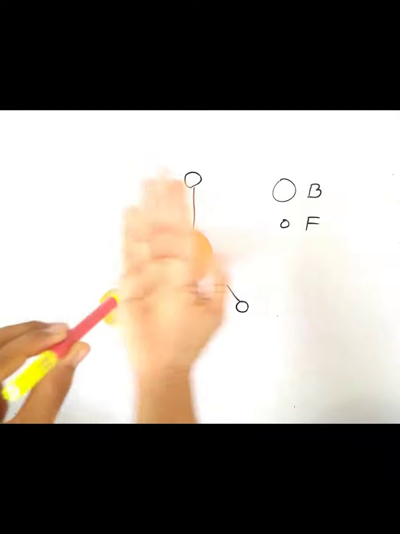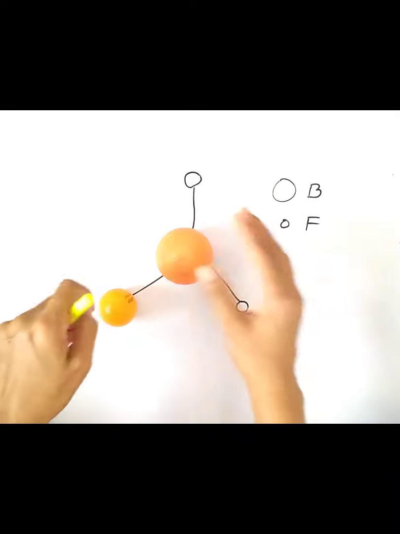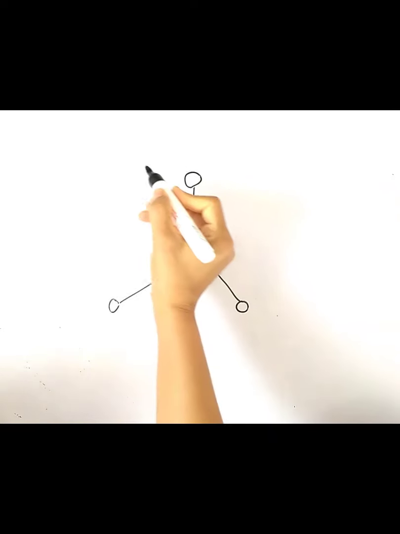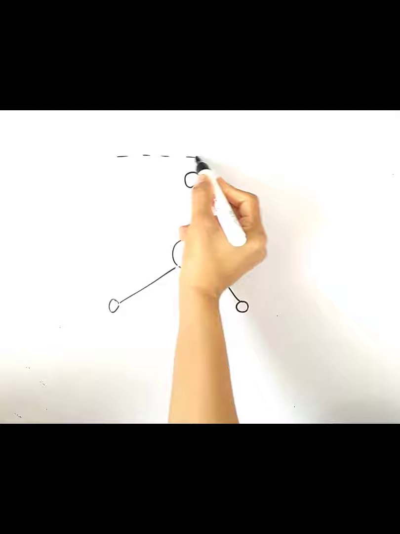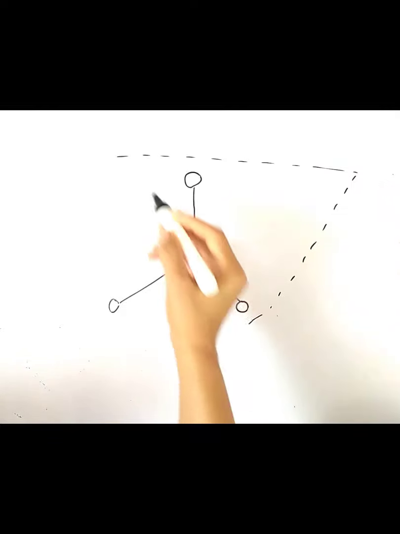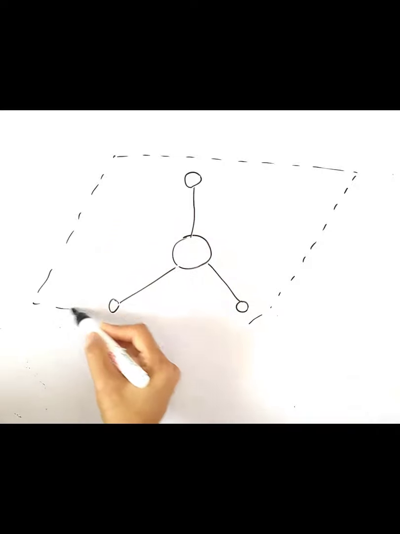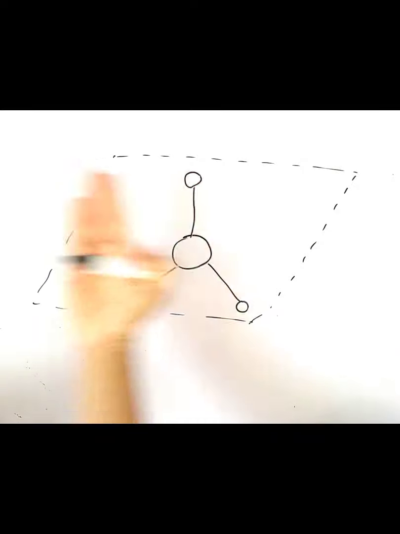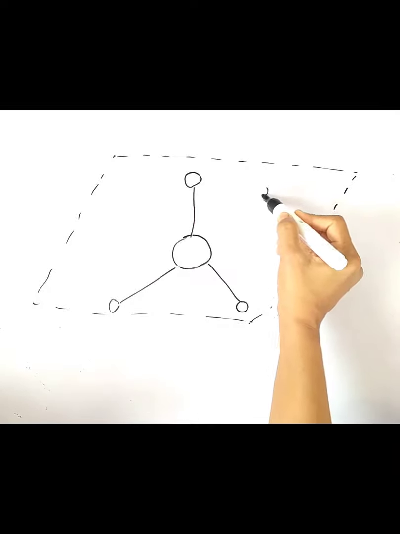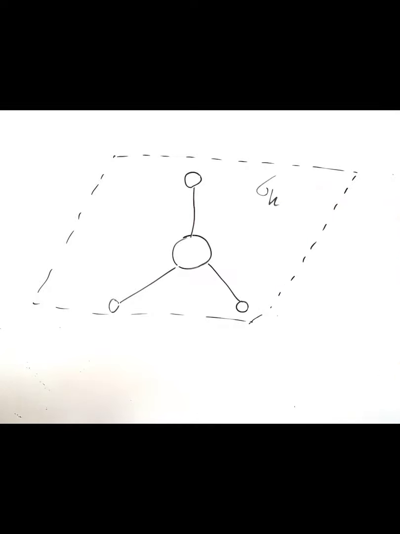Hence, this another plane which we have passed just now, I will label or draw this plane like this. Means this is the plane which we are passing through the whole molecule. This is called sigma h. Why is it sigma h?